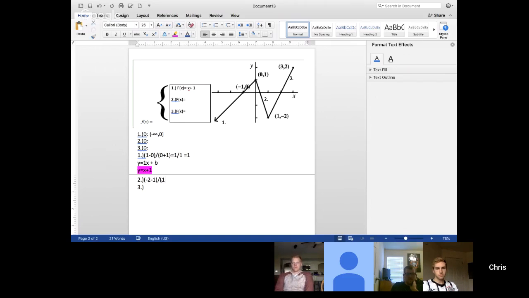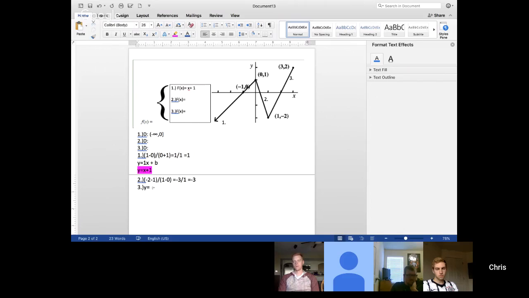Negative 3 divided by 1, so negative 3 as the slope, right? Just wanted it to be organized. No, you're good, because you have to show your work anyway. Otherwise, we won't be able to get credit for it.